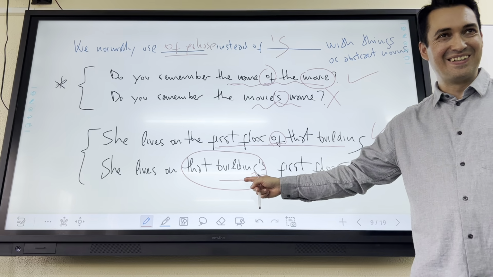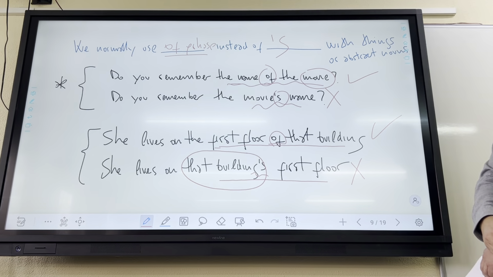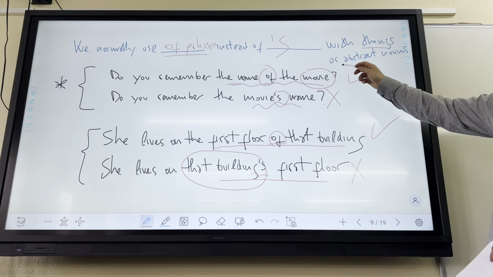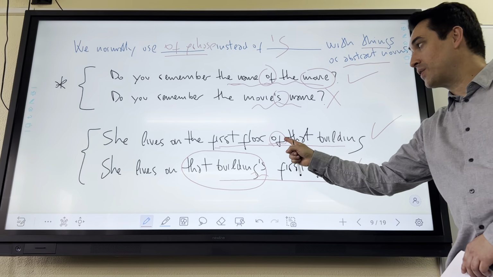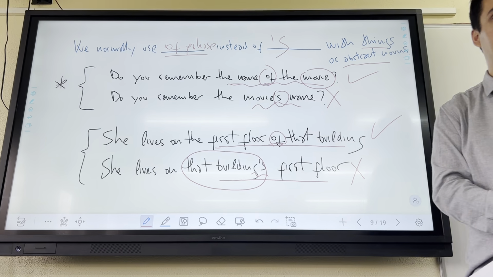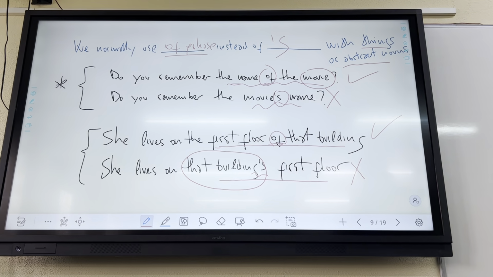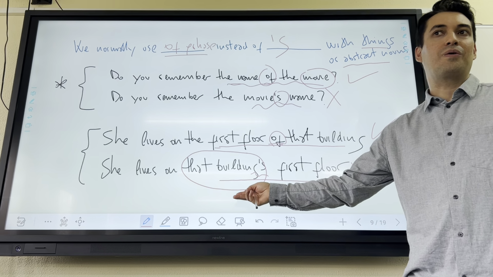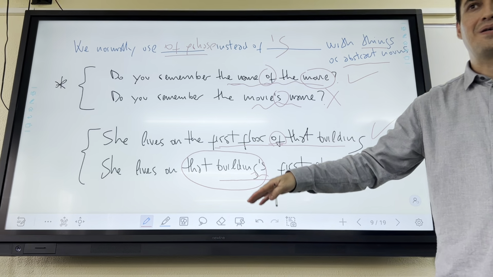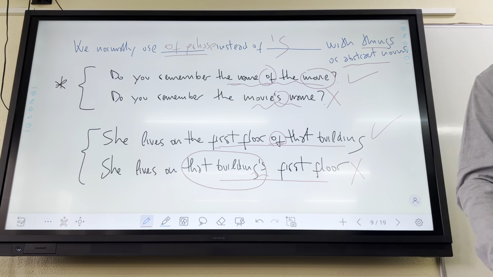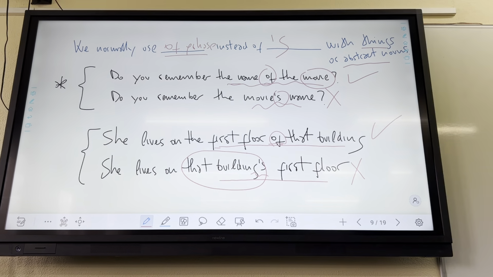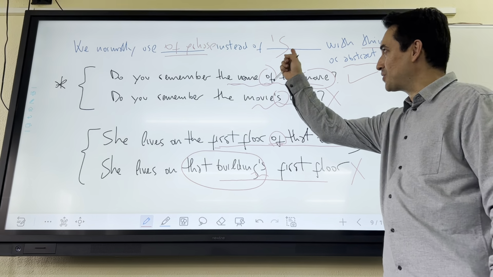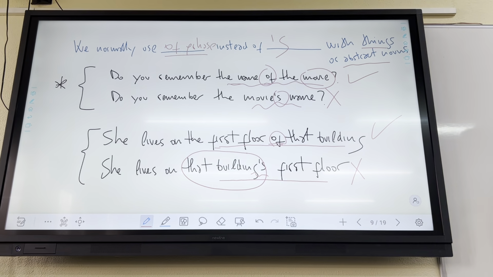No. So it sounds better with of. It sounds better with things that are not animated. A building is not animated unless, I don't know, it's science fiction and you see a building that walks and talks. In that case, you could use the Saxon genitive. So far, so good.